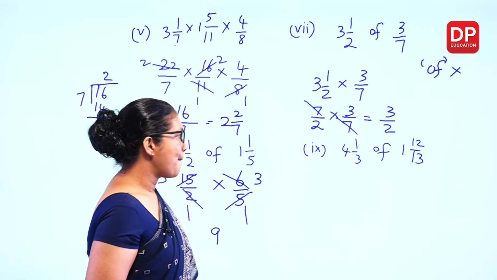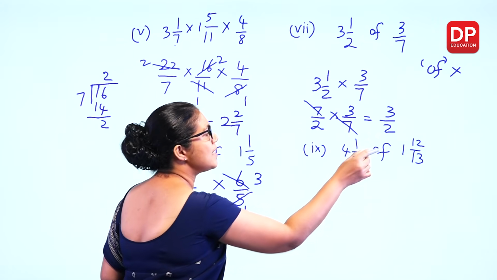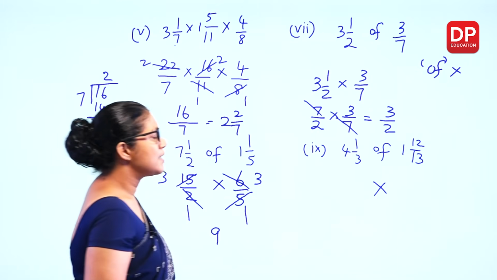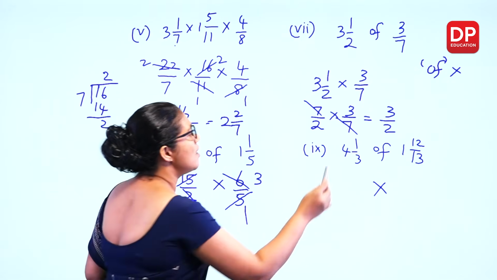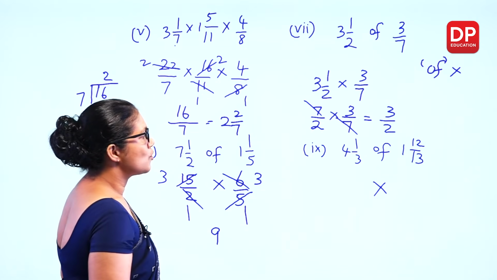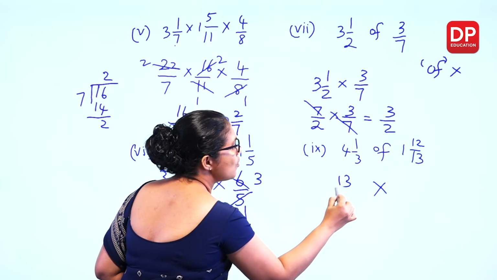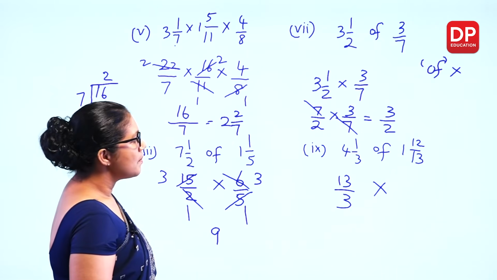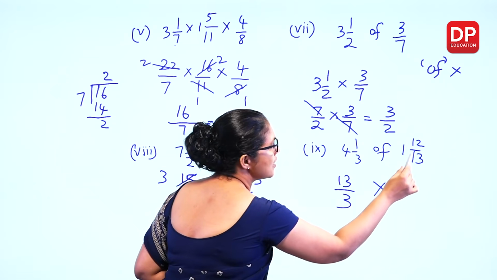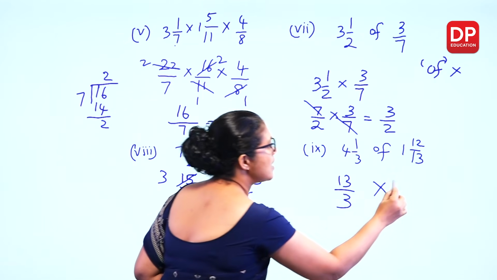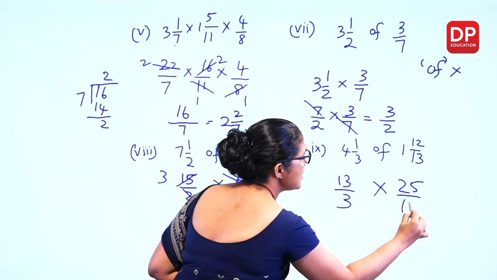What about this one? You get two mixed numbers with the word of. That means you multiply these two fractions. 4 1/3. So 4 1/3 means 3 times 4, 12, 13 over 3 as an improper fraction. 13 times 1, 13. 13 plus 12 is 25 over 13.